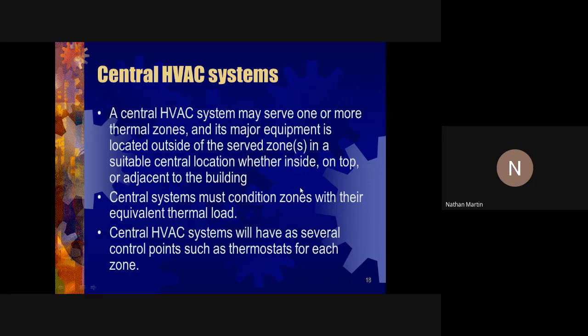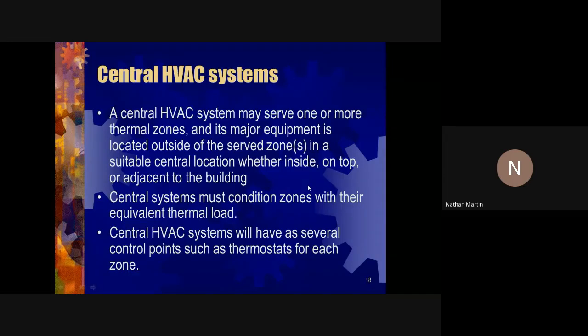The central HVAC system may actually serve one or more thermal zones, right? That is basically our central unit. When we see the big unit outside of the building, when we talk about high-rise buildings, some of the time they'll be located on the top of the building.